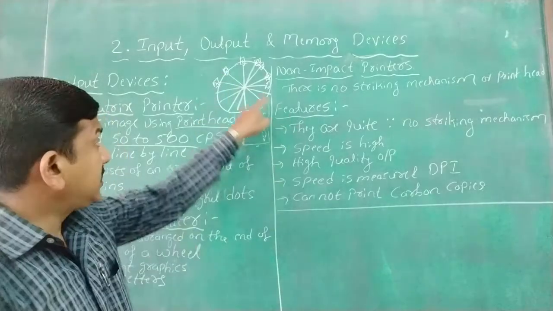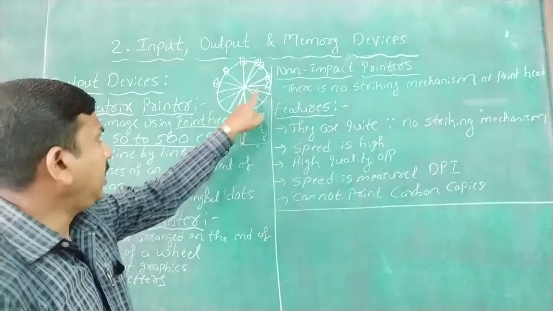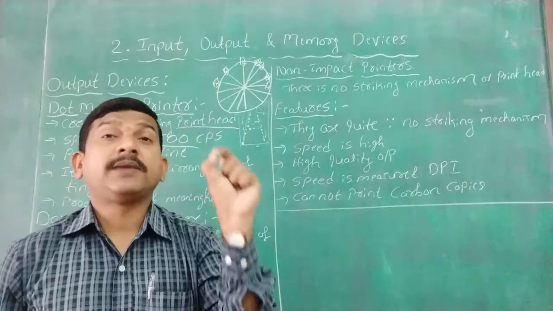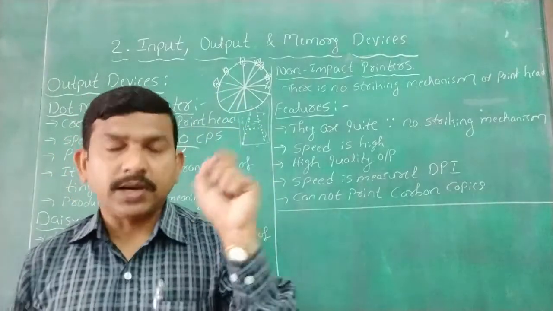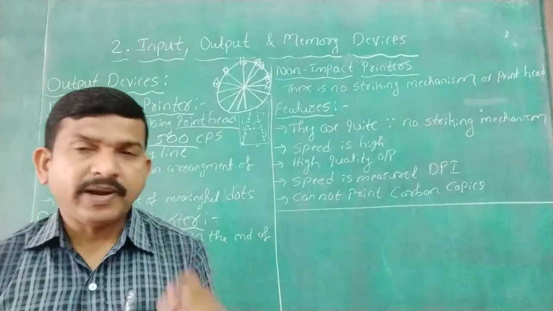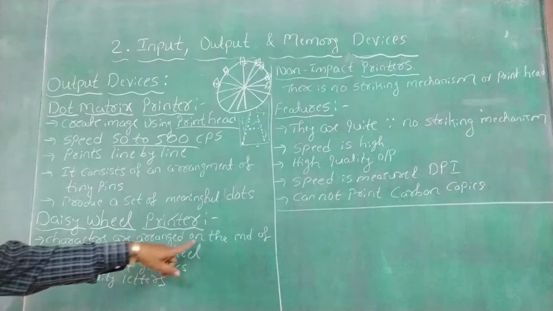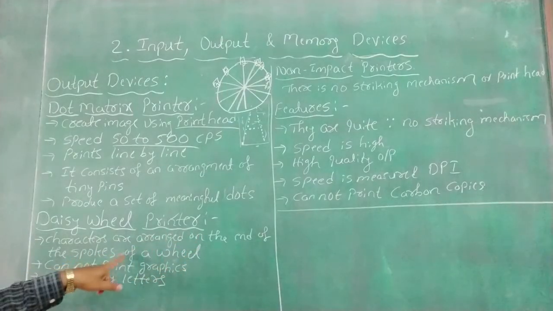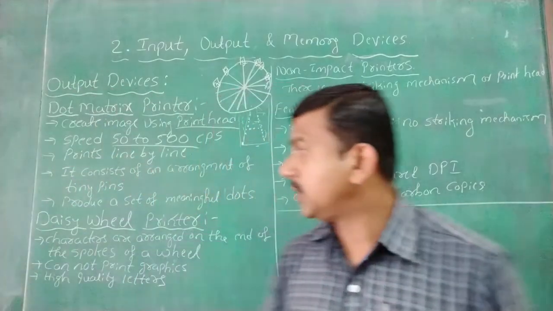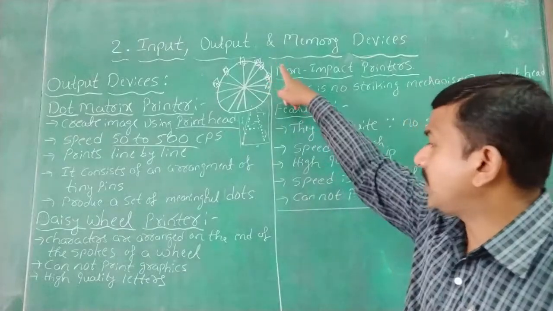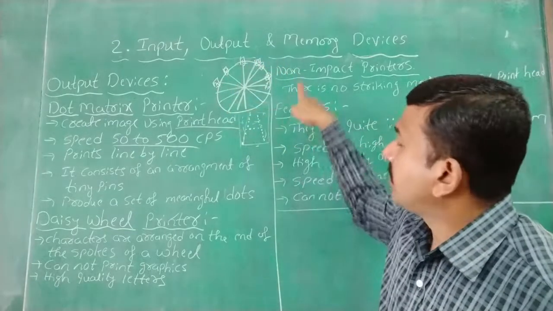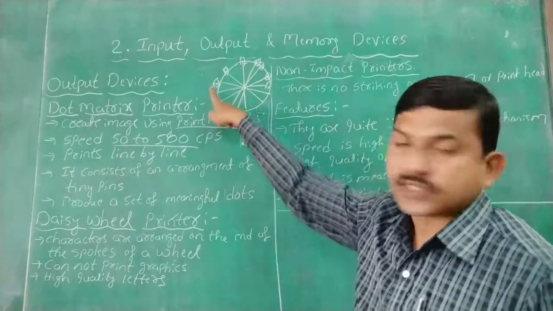At the end of each spoke it contains some letters, alphabets or numbers. Is it clear? So characters are arranged on the end of the spokes of a wheel. That's all I told.